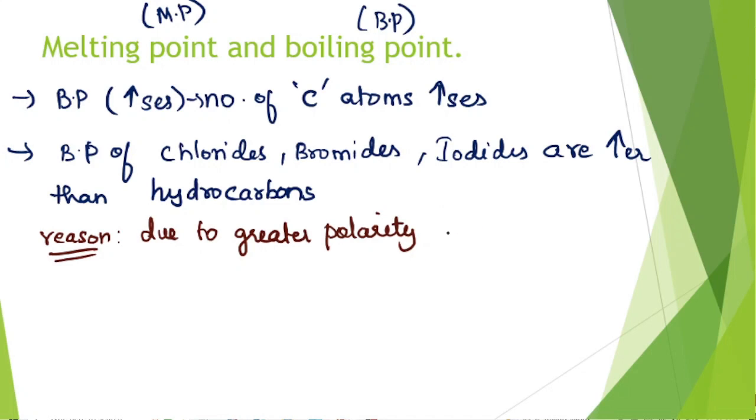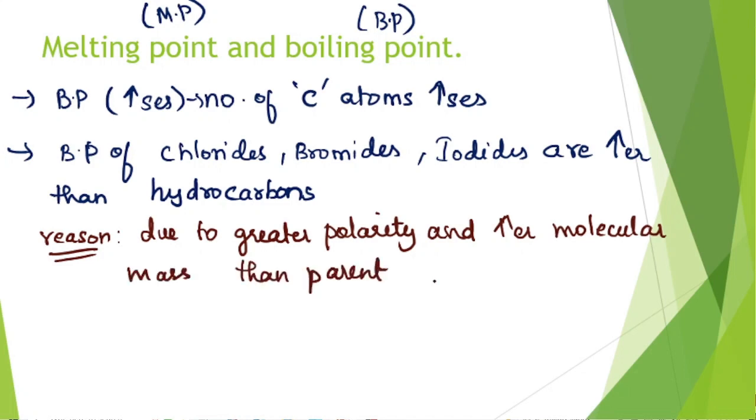Apart from polarity, they have higher molecular mass than the parent hydrocarbon. So only the boiling points of chlorides, bromides and iodides are higher than the hydrocarbons.